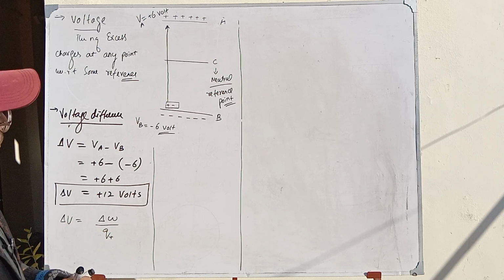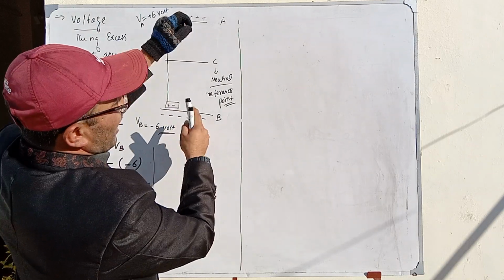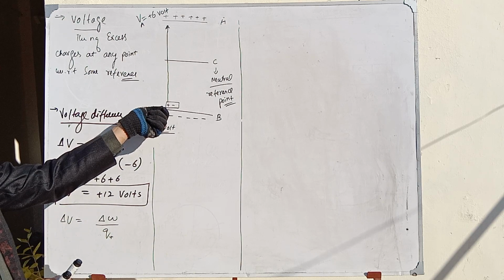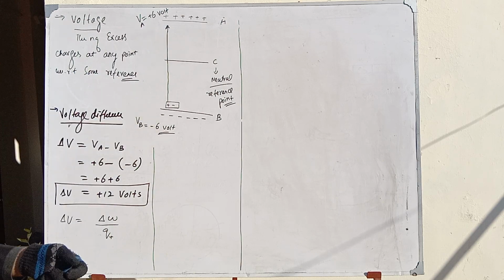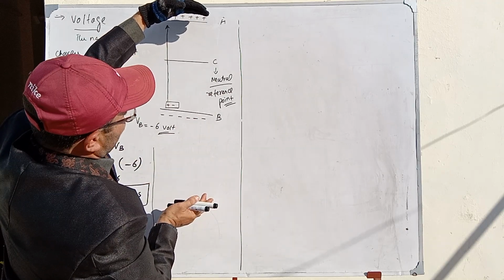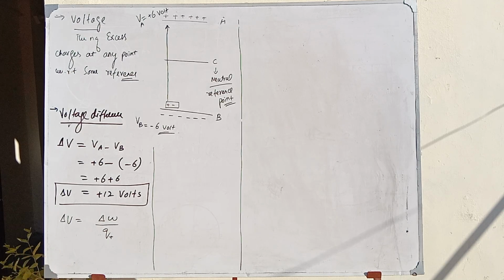If I have a small potential difference between these 2 points, I will do a small amount of work moving this positive charge to point A. But if these 2 points have a large potential difference, then I will do so much work, because the work is directly proportional to voltage.